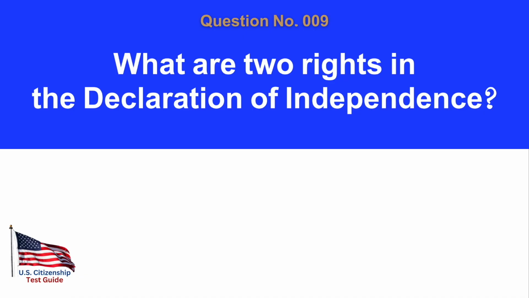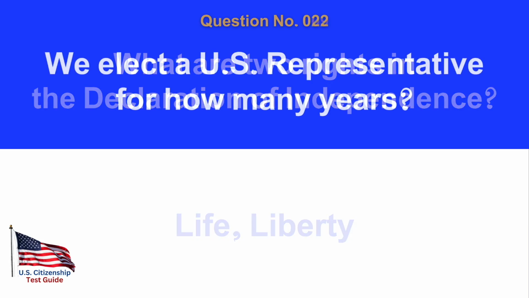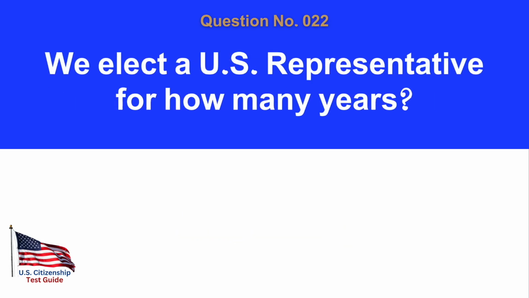What are two rights in the Declaration of Independence? Life, liberty. We elect a U.S. representative for how many years? Two.